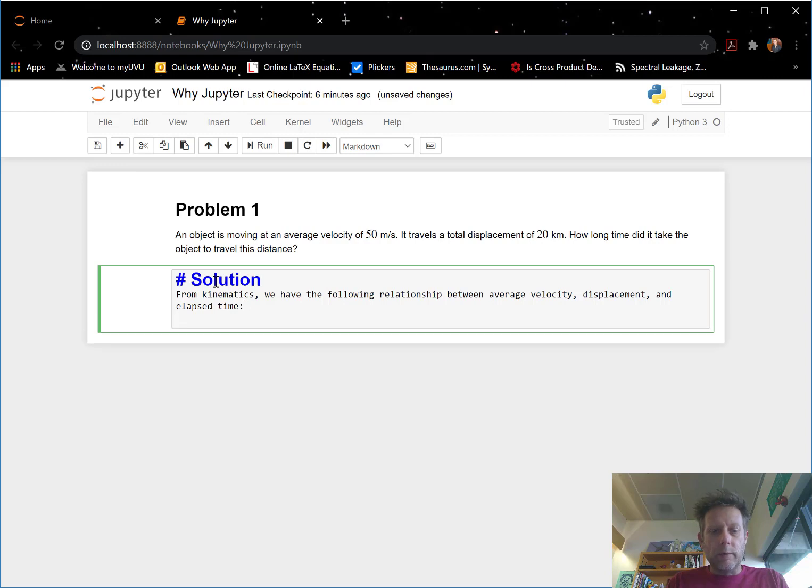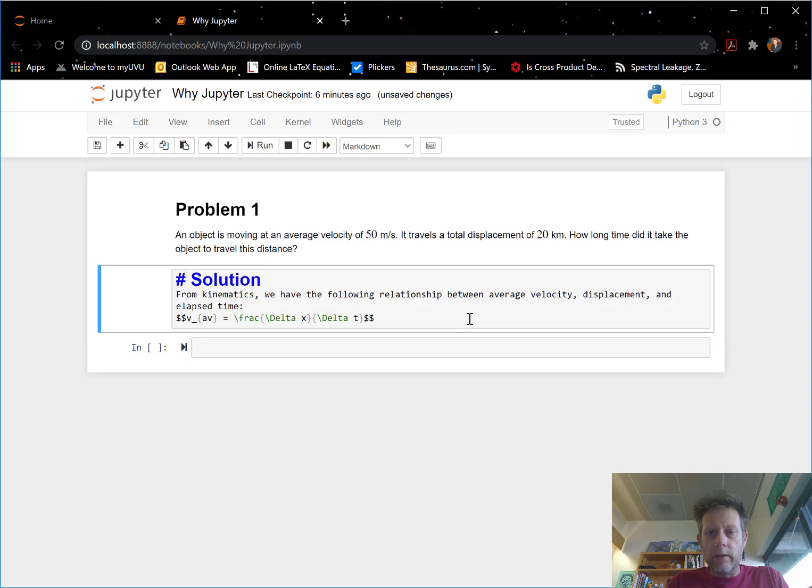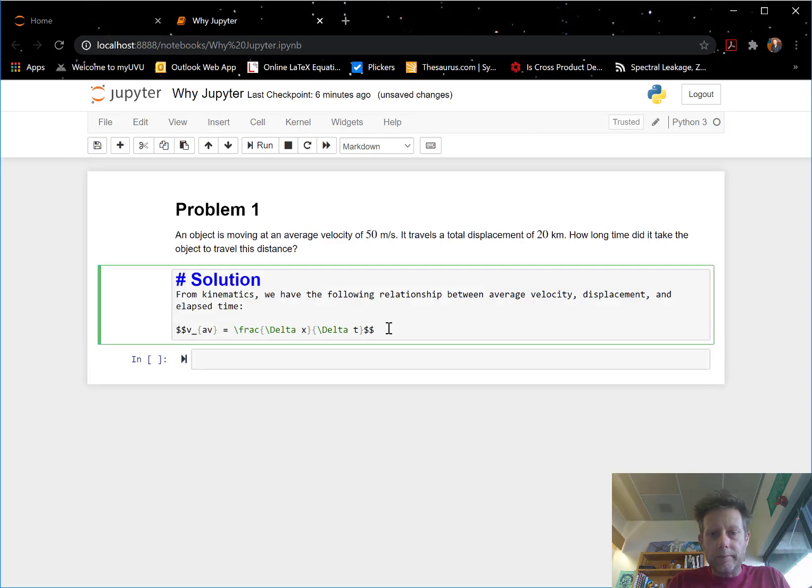And now I'm gonna put an equation on its own line that says that the average velocity is equal to the ratio or the fraction of our displacement. I'm going to write this as delta x, or the change in x, over the elapsed time, or the change in time. Let's see how that looks like. Okay, looks good. I want an extra space between that.